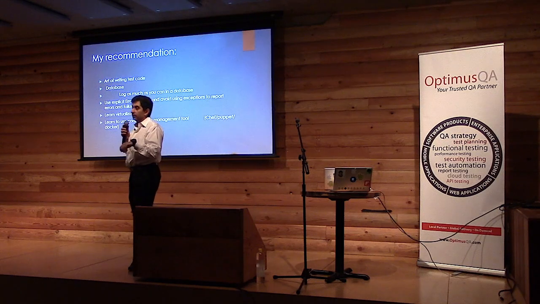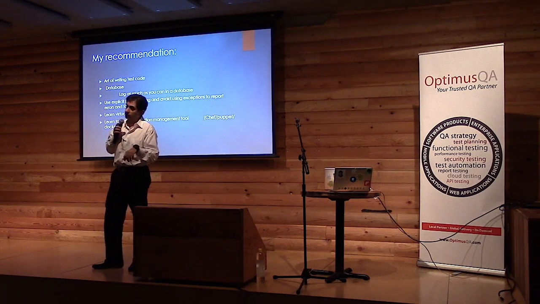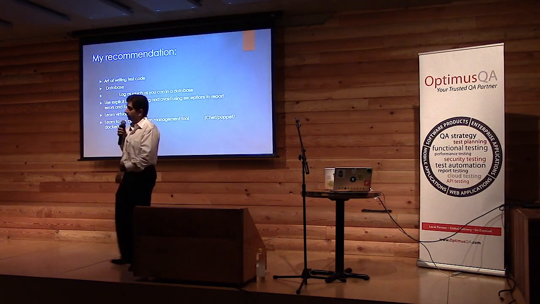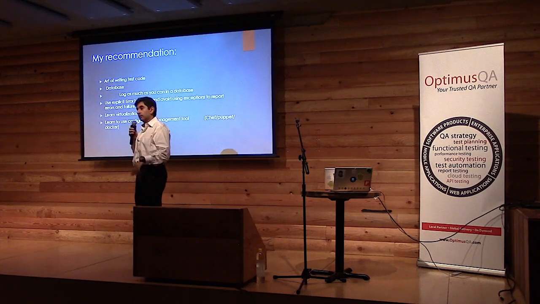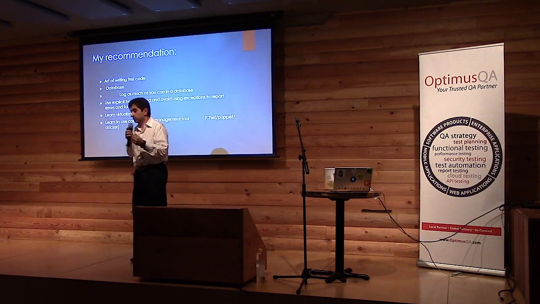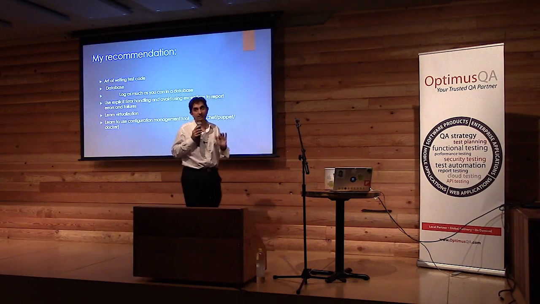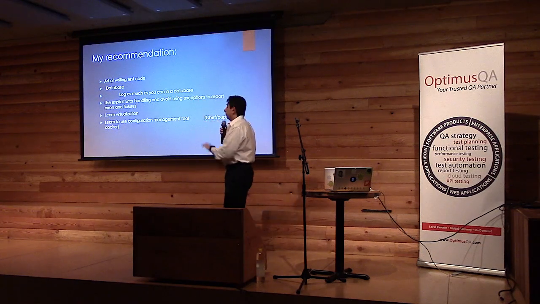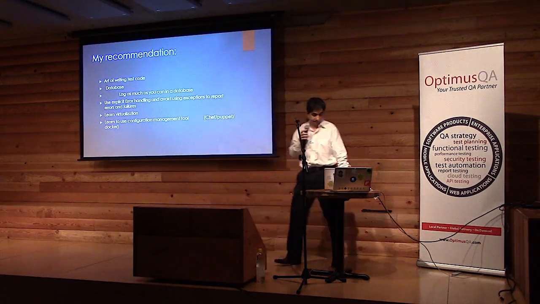For a simple little thing that you think, I know how to do this in a batch file or PowerShell file, you end up writing 5 pages of batch scripts or shell script. In Chef and Puppet, you will do it in one line. So really, it will pay if you learn these skills.